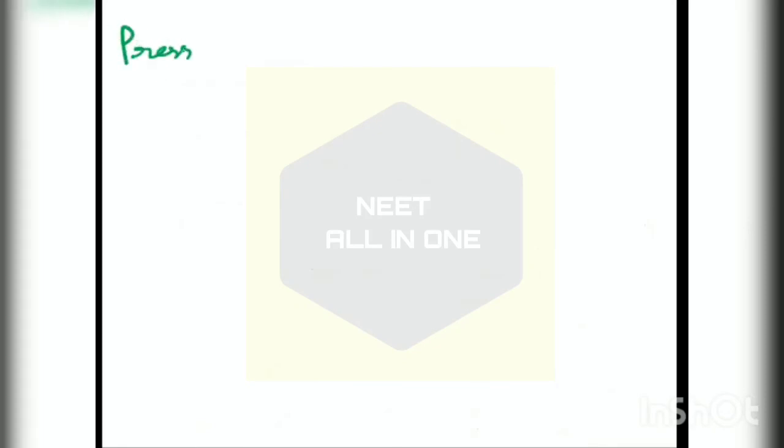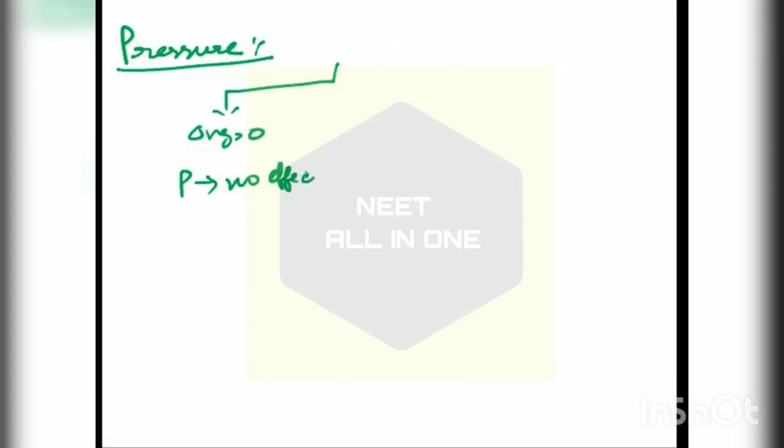Now, what happens in case of pressure? Pressure has three factors. If del Ng equals 0, then pressure will have no effect on the equilibrium condition. But if del Ng is less than 0, that means pressure is increased.